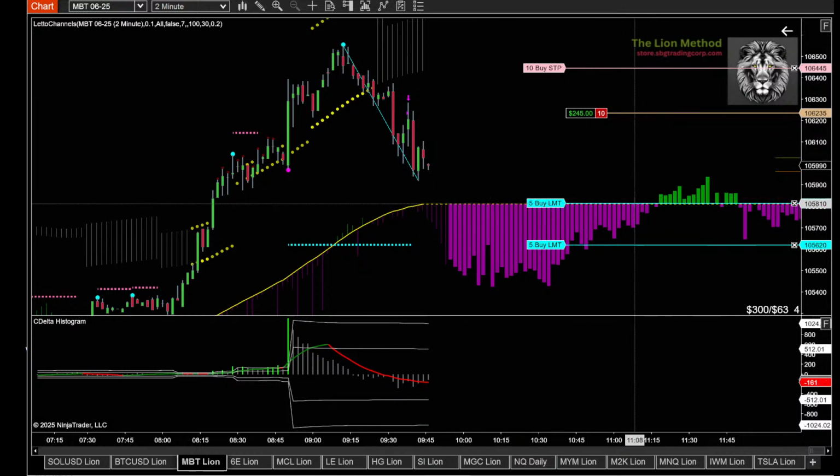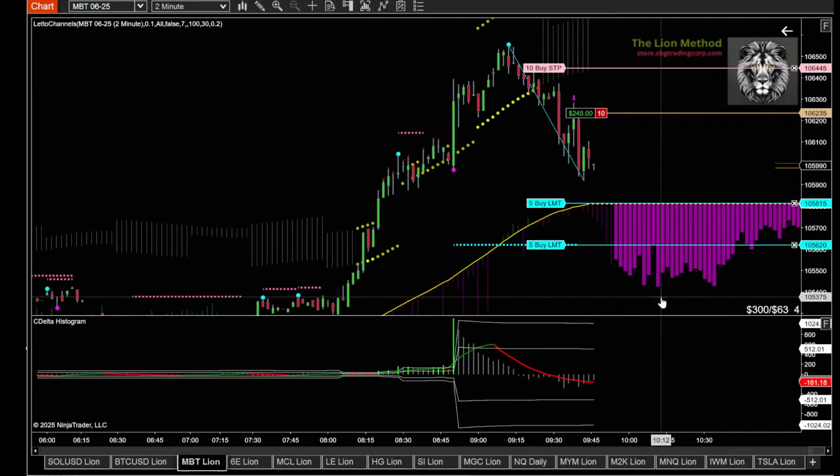So historically, the MBT has typically been below the 100, and that's what the histogram is showing. So that gave me courage to go short here because the market typically has sold off during this time in recent weeks. I think it goes back about a week.